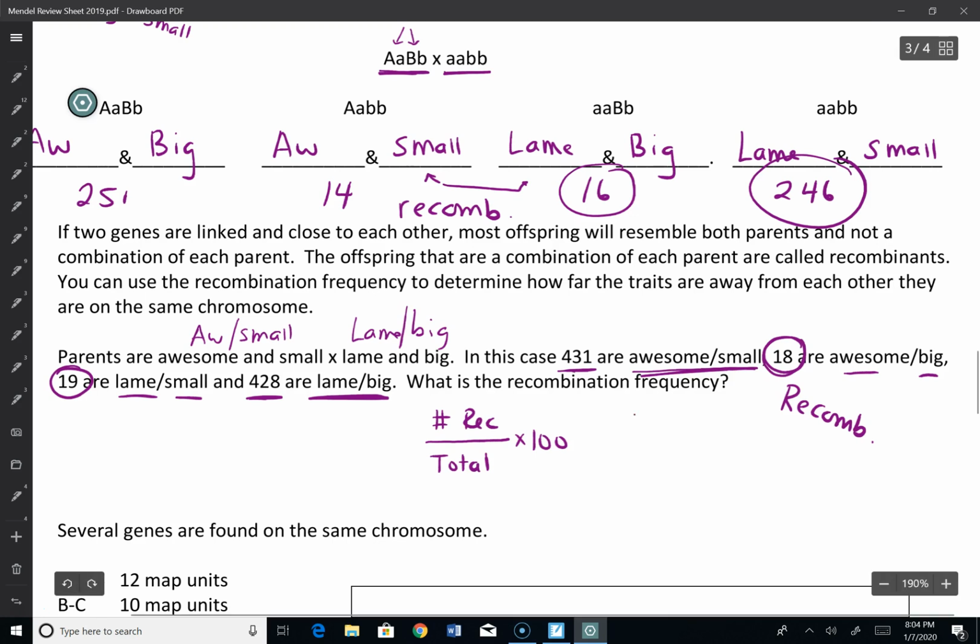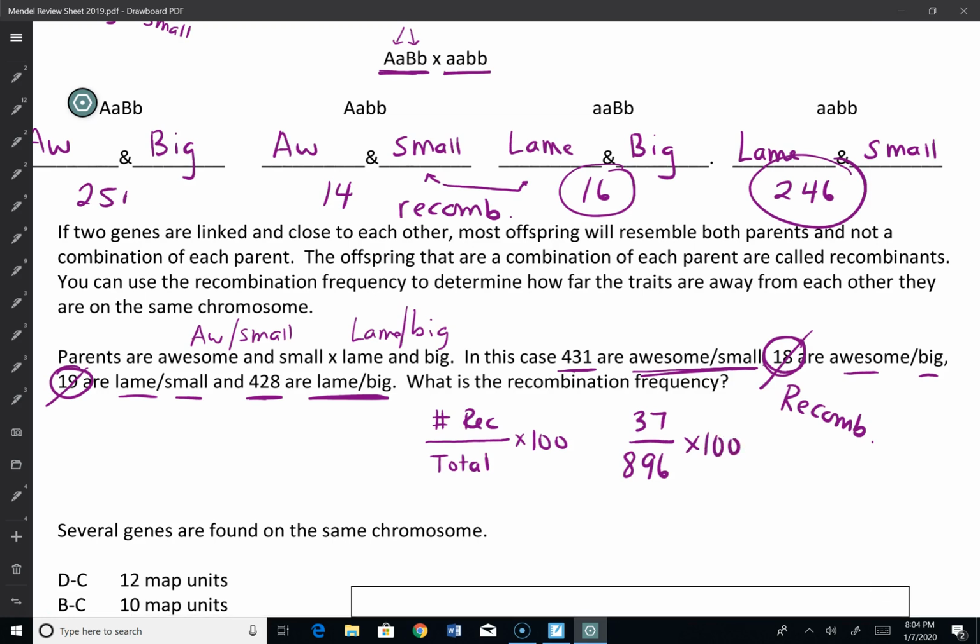That's my number of recombinants. That's the 18 and the 19. Now I have to put the total on the bottom. So now I got to add 431 and 428. And my total offspring of all of my kids here is 896.